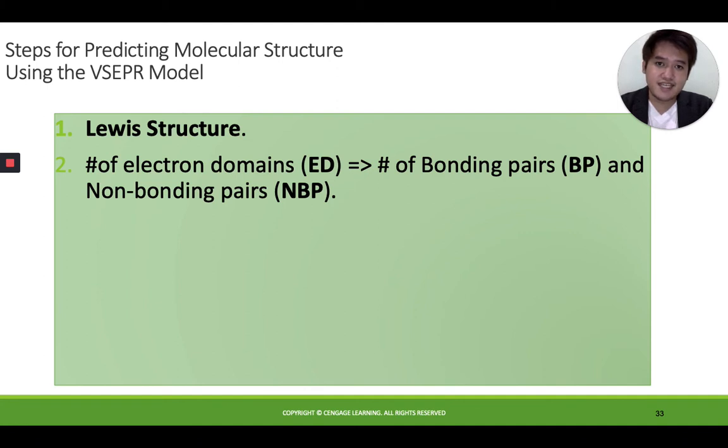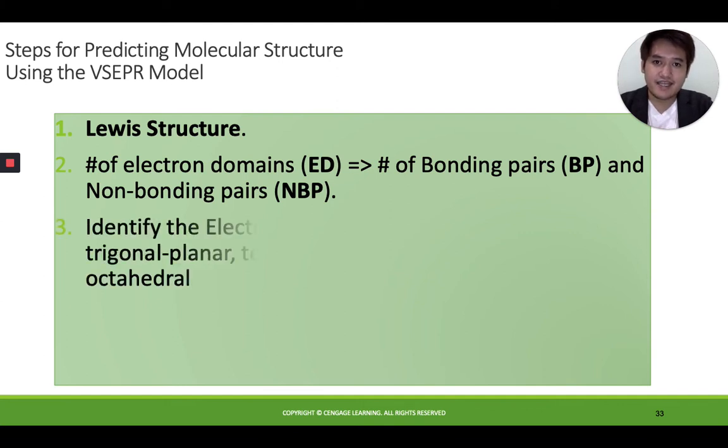When you say electron domain, that is primarily made up of a pair of electrons, or it can be made up of a single bond or a double bond or a triple bond. Now, one double bond is considered to be one electron domain, and one triple bond is considered to be one electron domain only.